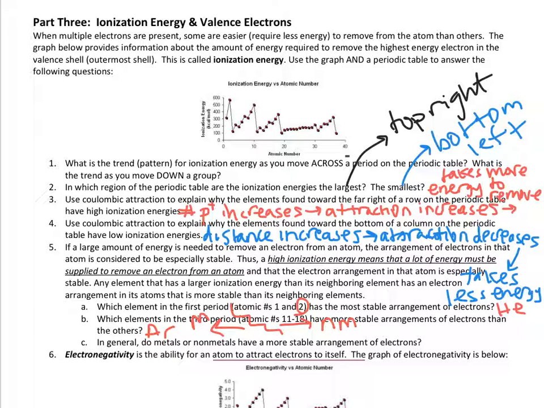So if the ionization energy increases going across, the stability of the electrons increases going across, then it's going to be those non-metals that are going to have the most stable electron configuration.